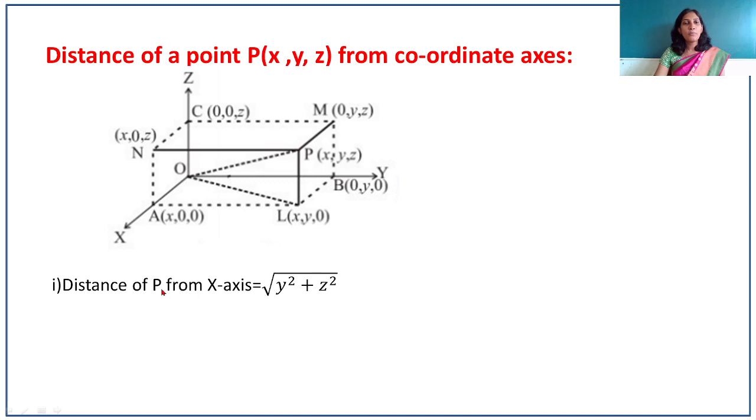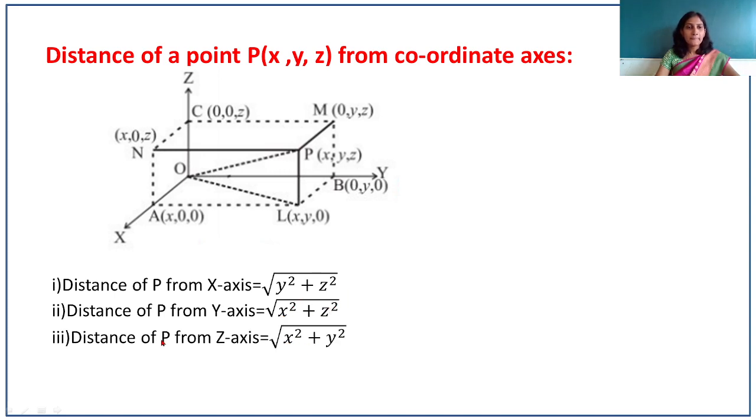So the distance of a point P from the x-axis can be calculated by root of y square plus z square. The distance from the y-axis is root of x square plus z square. The distance of P from the z-axis is root of x square plus y square.